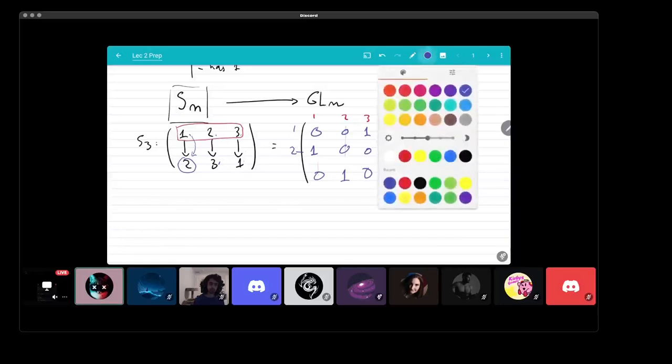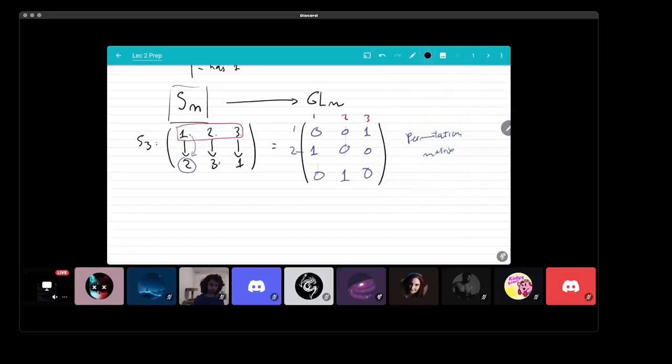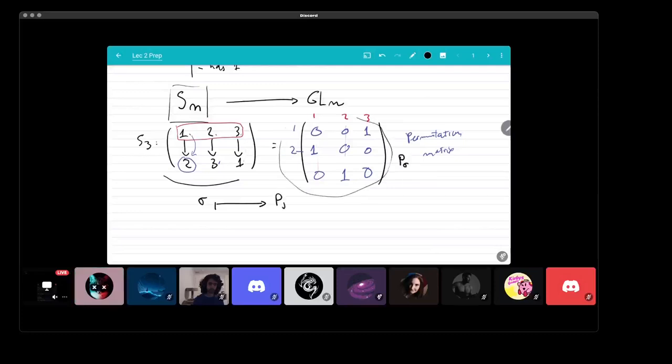And the map that sends each permutation to this matrix, which we're going to call P sigma, is a group homomorphism from Sn to GL, the set of invertible matrices.